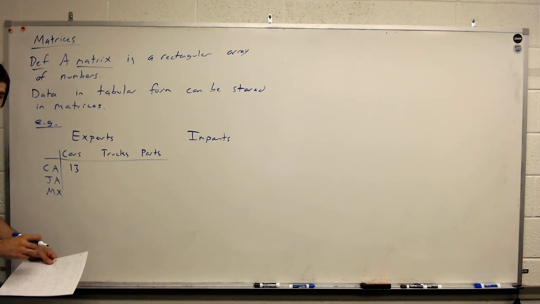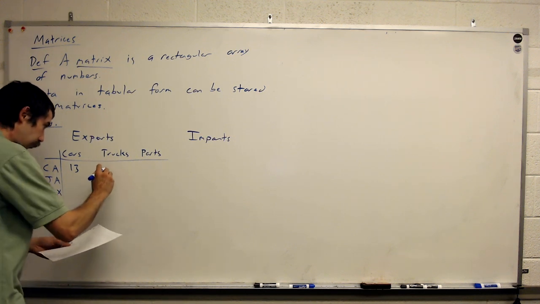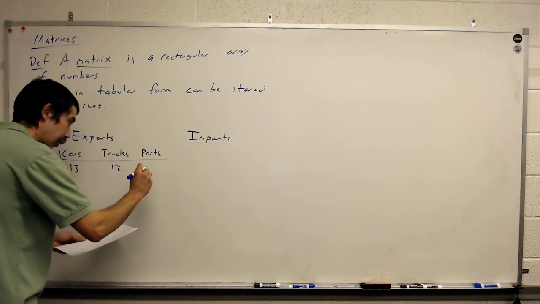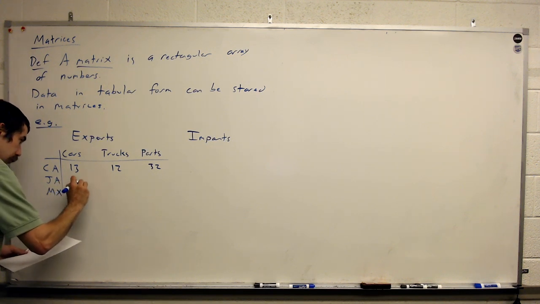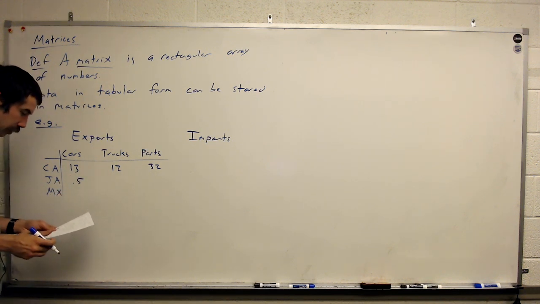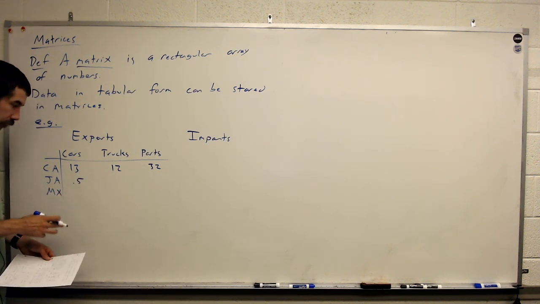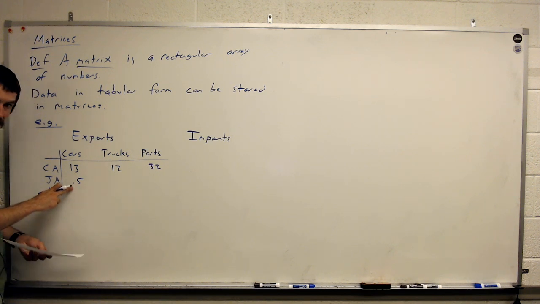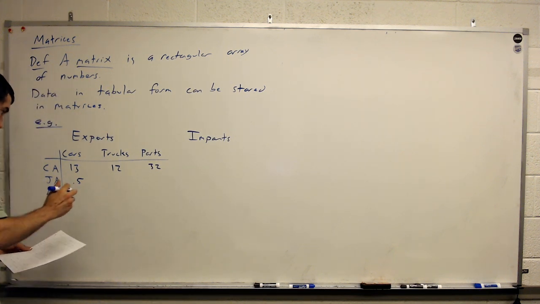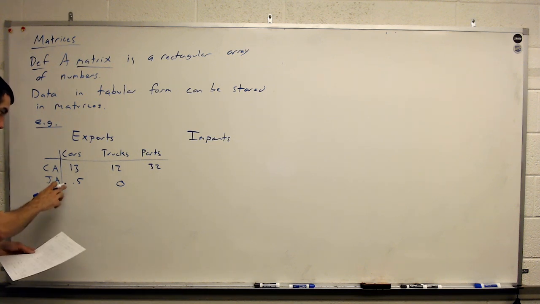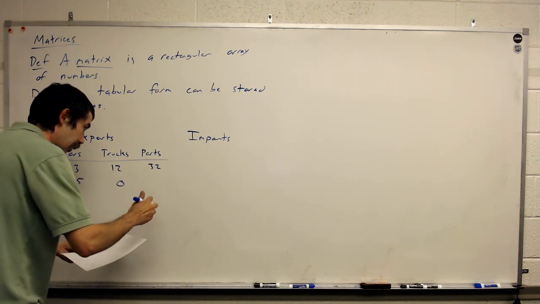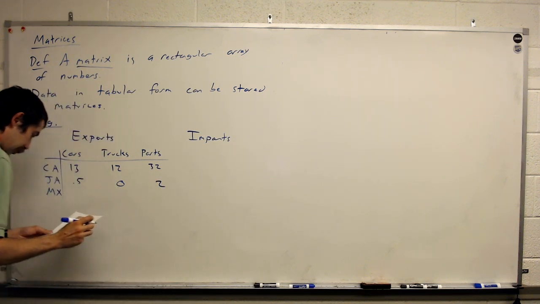Canada exports 13,000 cars, 12,000 trucks, and 32,000 parts. Japan exports 500 cars, 0 trucks, and 2,000 parts.